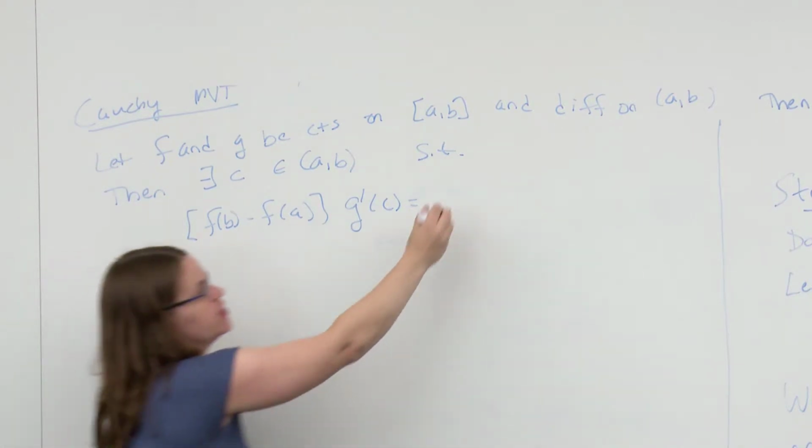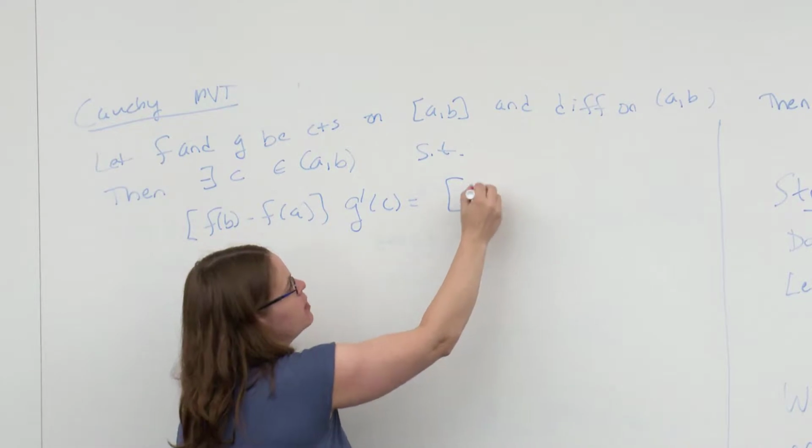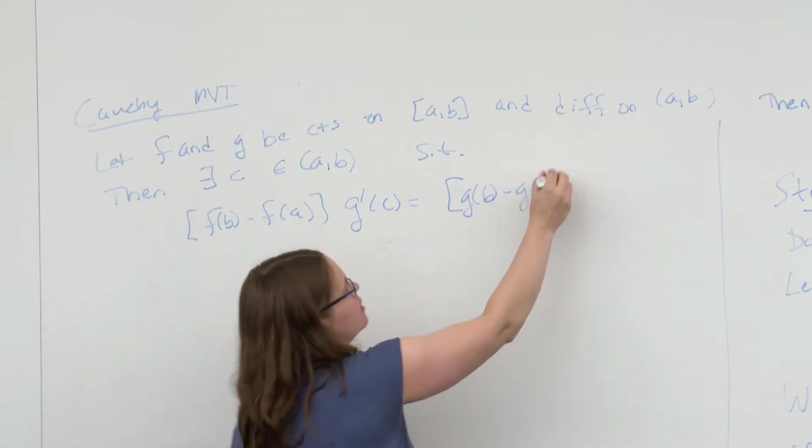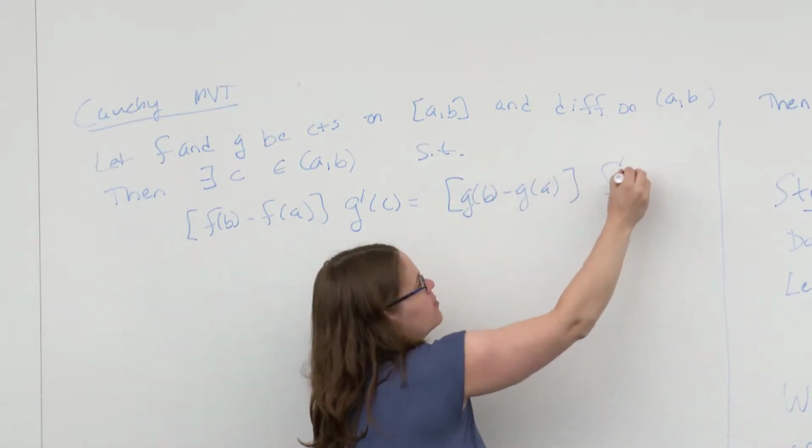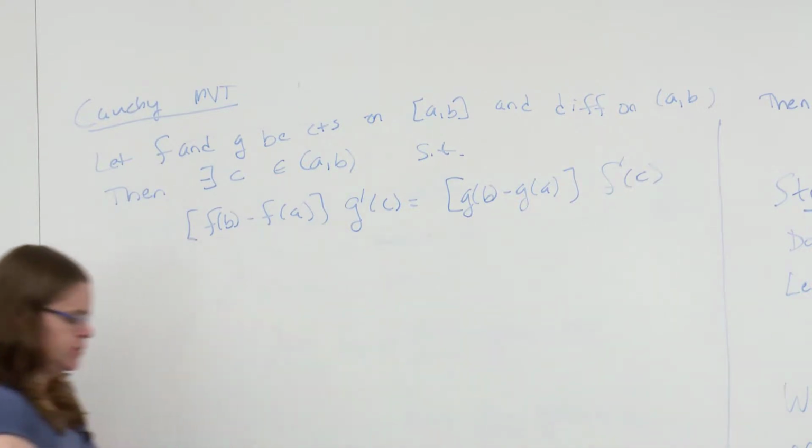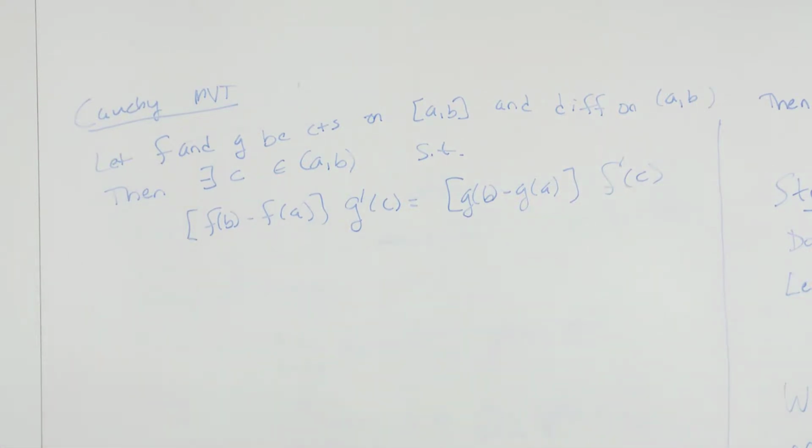We're going to have a difference of our g's, g of b minus g of a, times f prime of c.